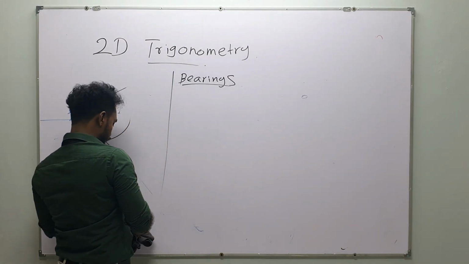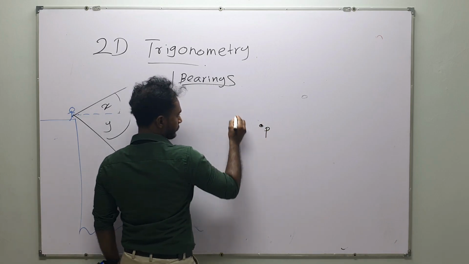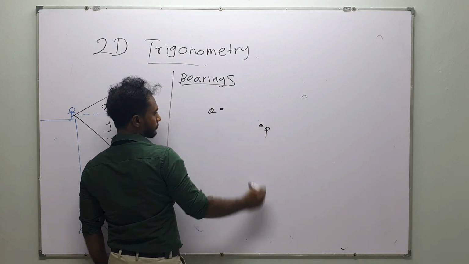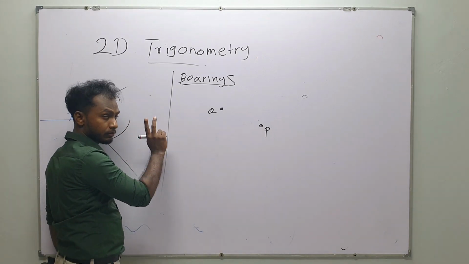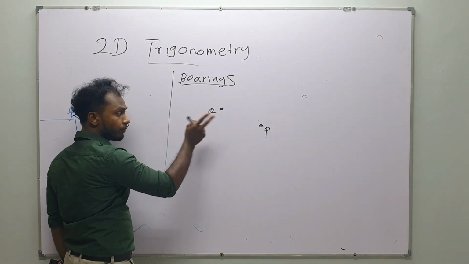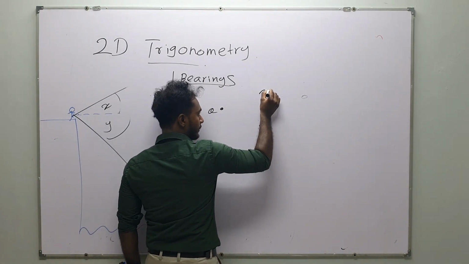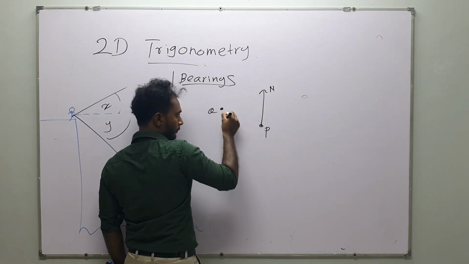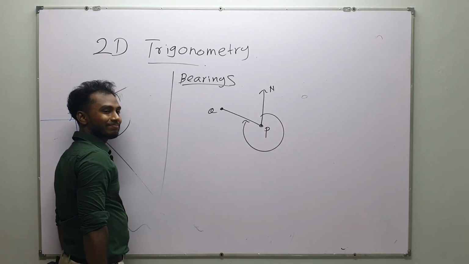So let's take this is the point P. This is the point Q. I want the bearing of Q, listen carefully, the bearing of Q from P. From P, starting here at the north line, this is Q, this is the bearing.